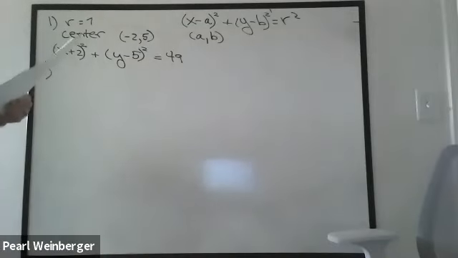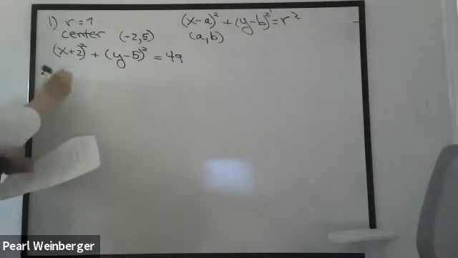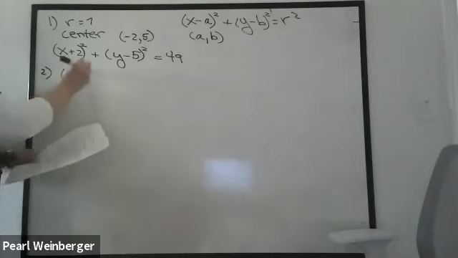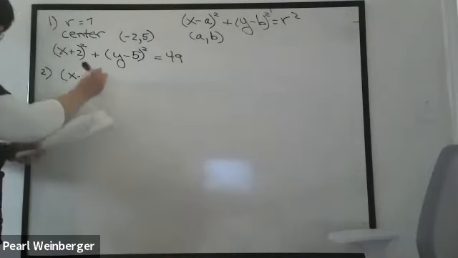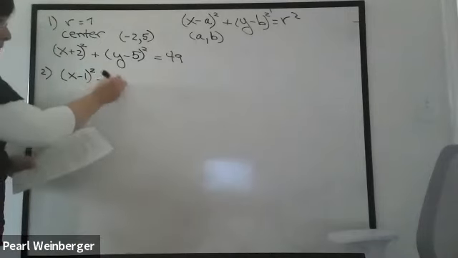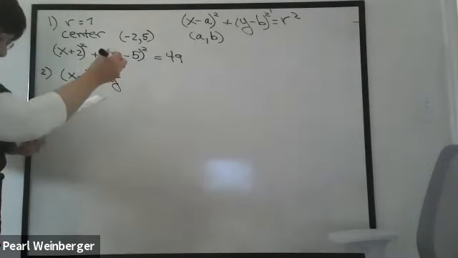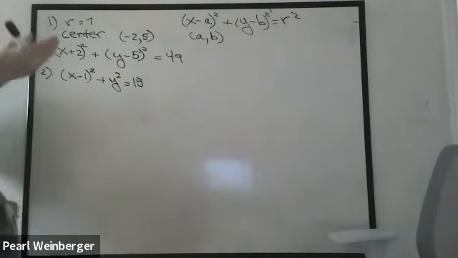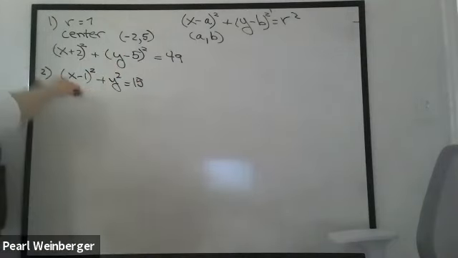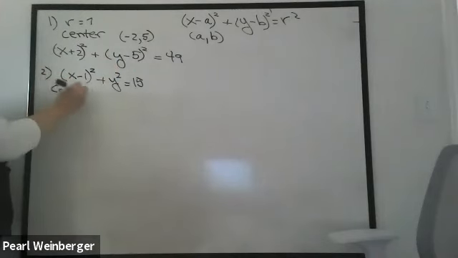Question number 2 said, find the center and radius of the circle x minus 1 squared plus y squared equals 15. So here it's just the opposite. They're giving us the equation of the circle and they want the center and the radius.